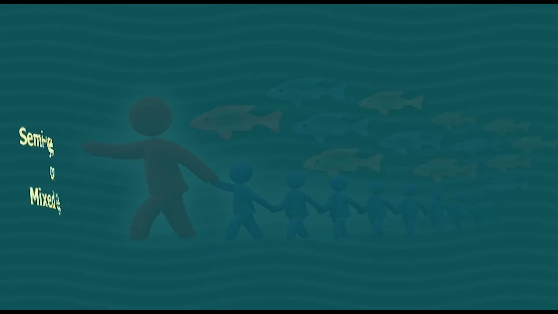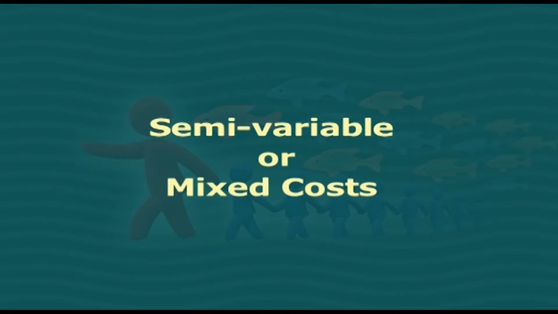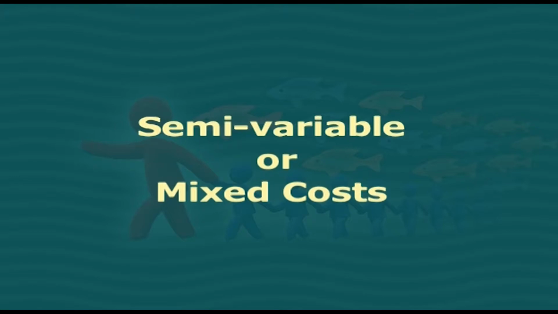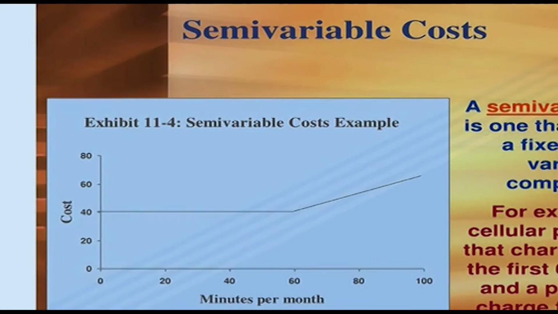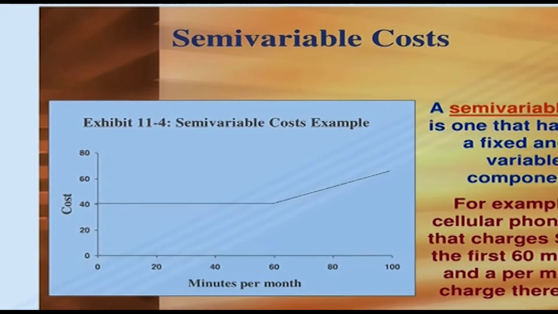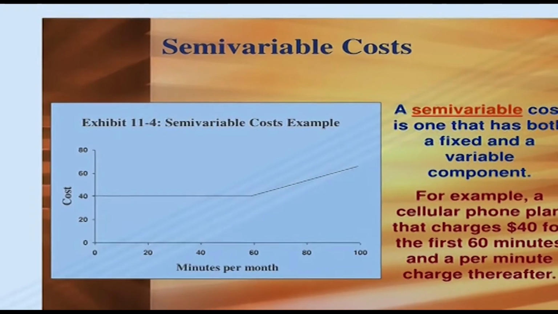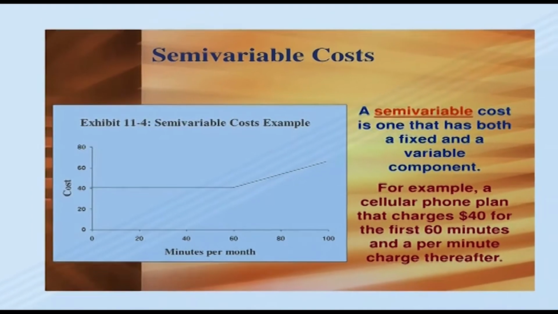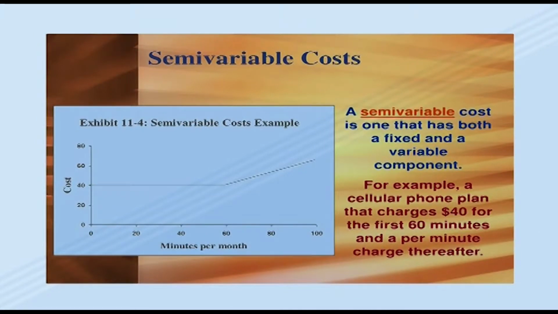Third is semi-variable or mixed costs. Friends, mixed costs or semi-variable costs have properties of both fixed and variable costs due to the presence of both variable and fixed components in them.